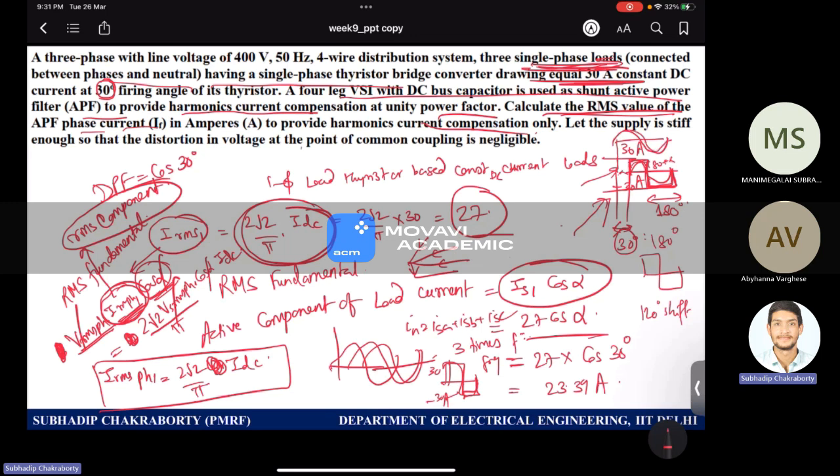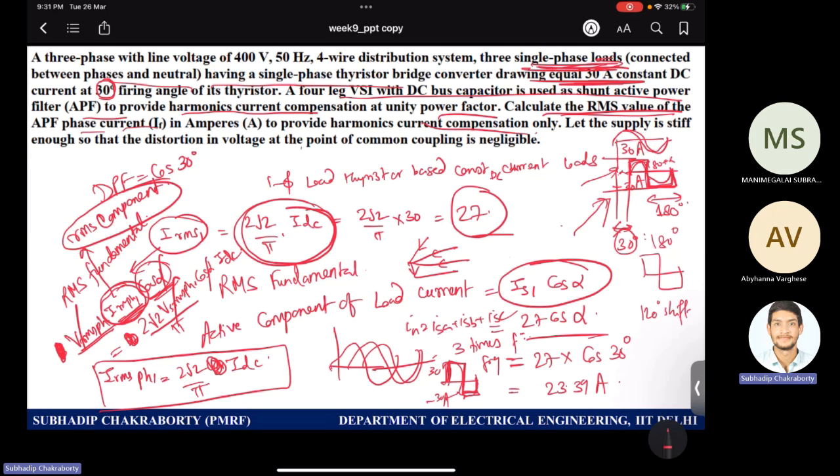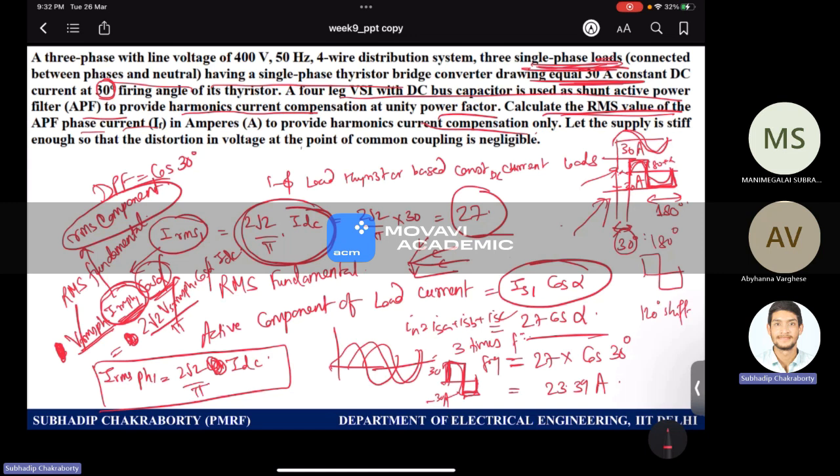Then for another phase, another 120 degree shift, and you sum them up to form the neutral current, which will again be 30 to minus 30, but at 3 times the frequency. I also solved this in weeks 1 and 2, where the neutral current came out as a square wave.